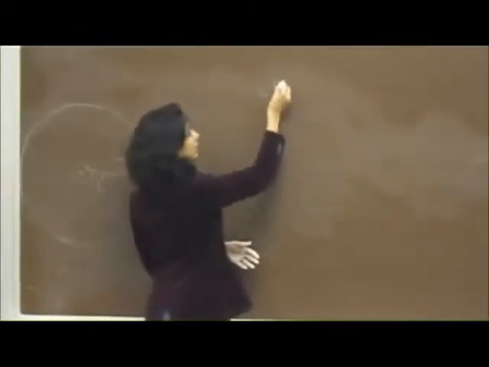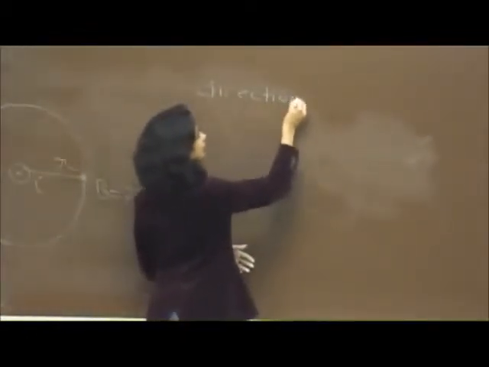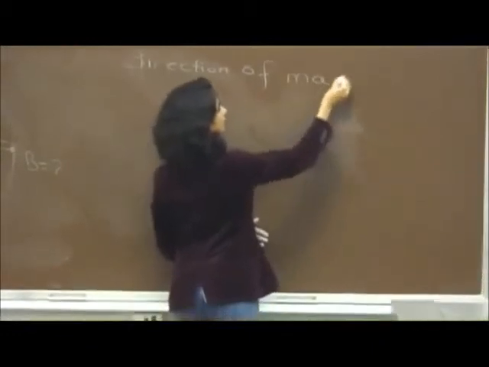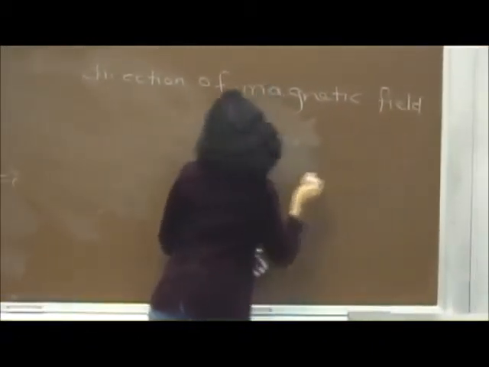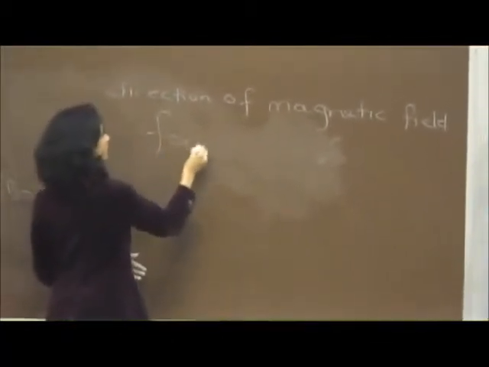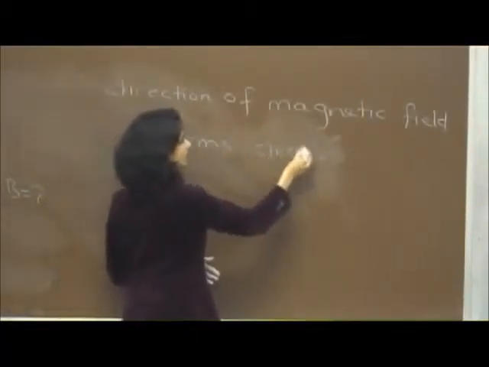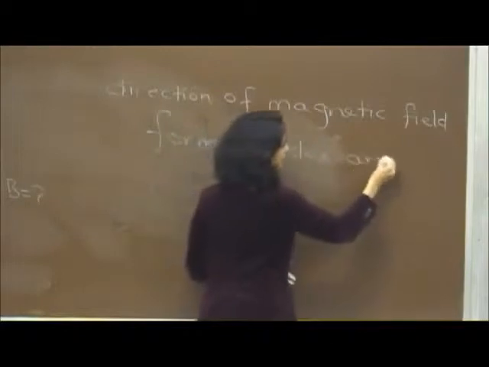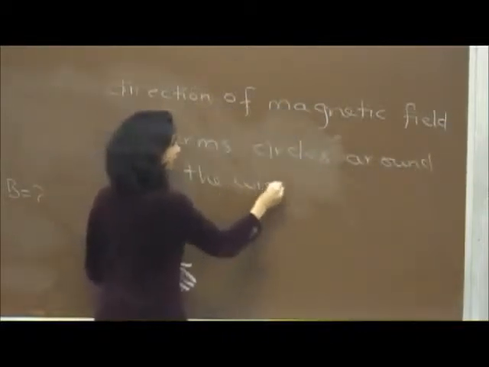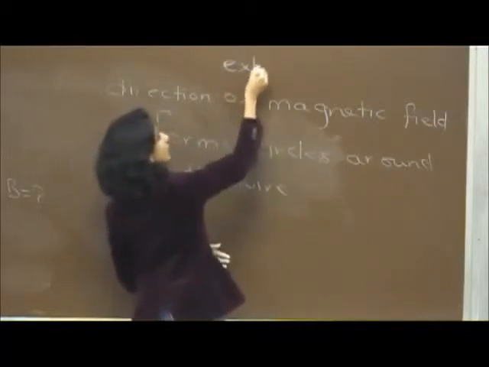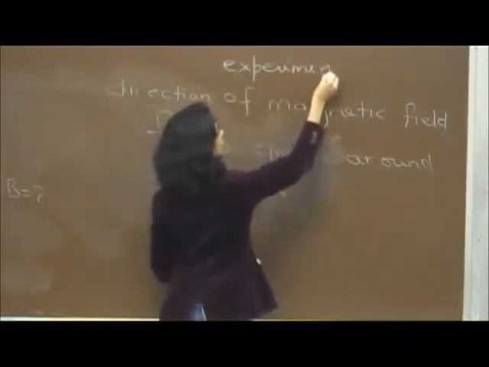So the direction of the magnetic field forms circles around the wire. This is what experiments show.